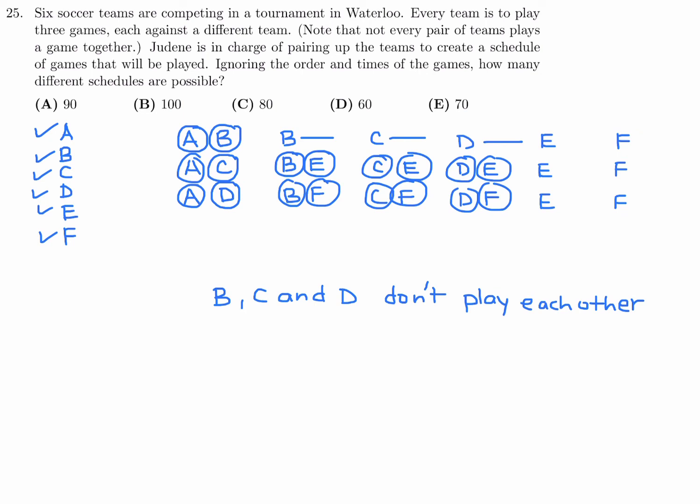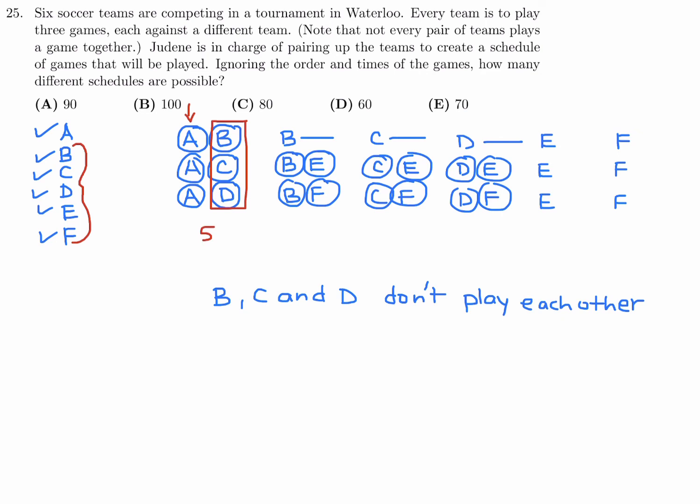Now, the good thing about this is that I chose A as my starting point, right? But what about this? This was B, C, D. This represents just one way of choosing 3 teams from the remaining 5. A is my starting point, and then I've got to choose 3 teams from the remaining 5. That was just one possible scenario. How many such scenarios are there?